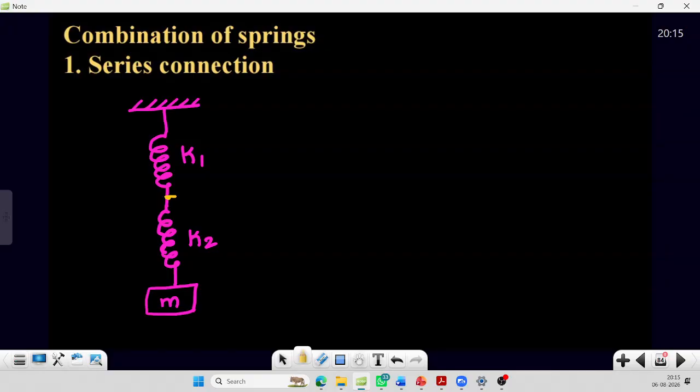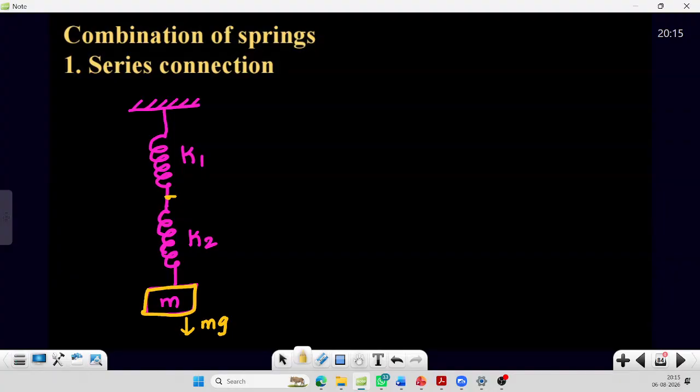Now whatever load we apply here, this block is called the load. The load is mg, so mg acts on K1 and mg acts on K2 also.